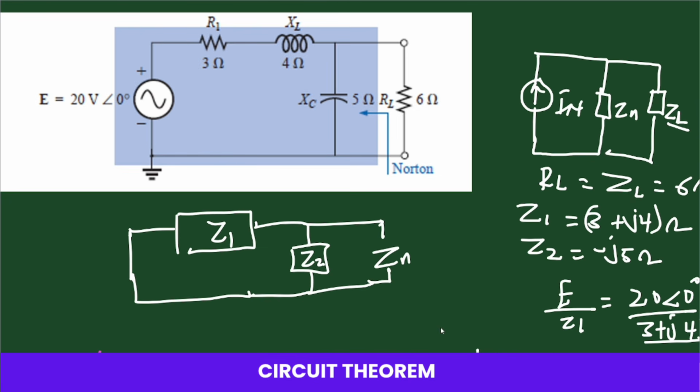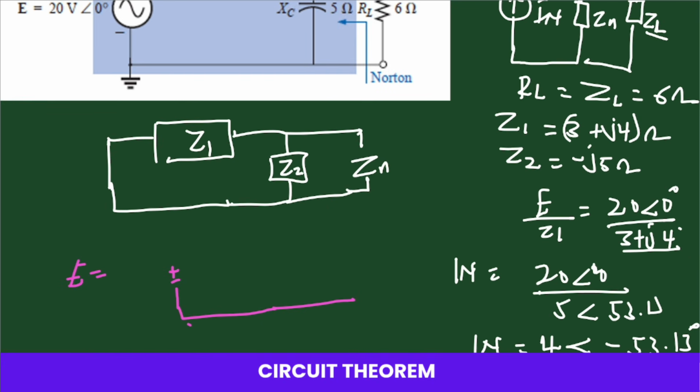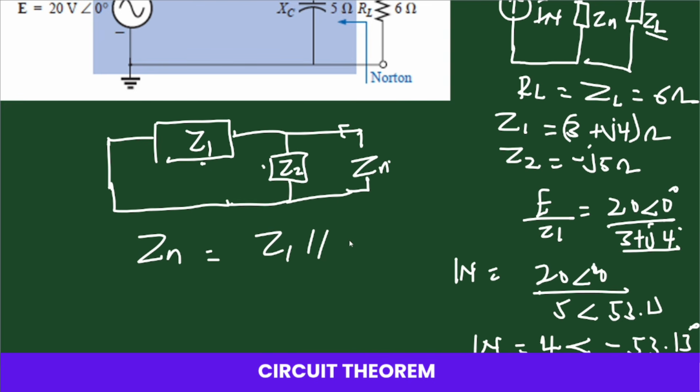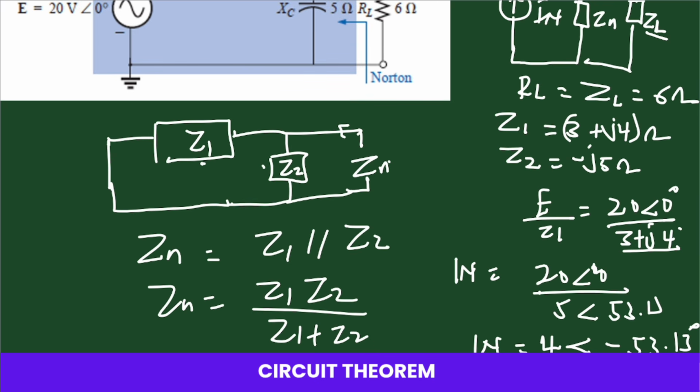Now anytime you have to find the Norton impedance, just assume that there's a current moving from this path. Okay, if there's current moving from where the Zn is located, it means that this and this are going to be in parallel. So Zn will be equal to Z1 parallel Z2, it means that Zn will be equal to Z1 Z2, that's product over sum, Z1 plus Z2.